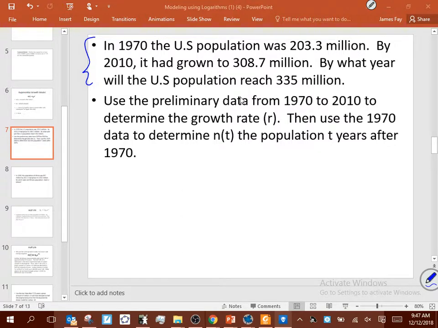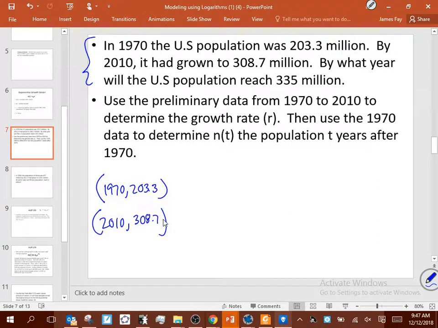Population growth is always exponential. So maybe at one point you would have done something like this. In 1970, we had 203.3. In 2010, we had 308.7.